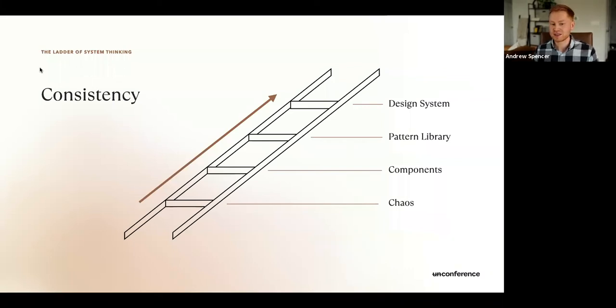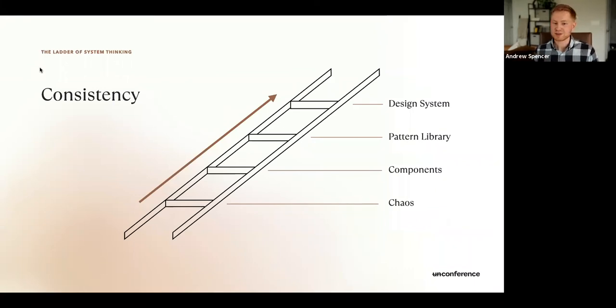You're improving the UX and the visual design by establishing patterns and then building on those over time. So with each rung, your consistency is now spread a little bit further out across your organization. It starts with just a single project, and then eventually it expands to cover all of your product design teams, your designers, your engineers, etc.